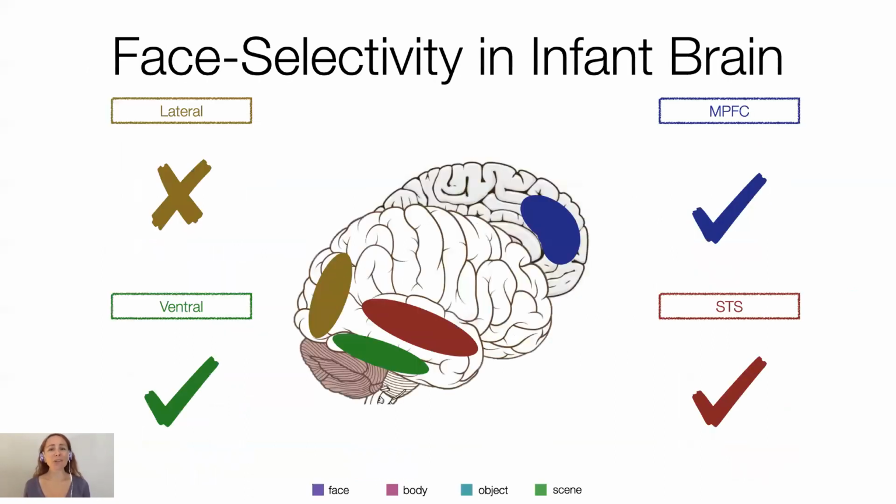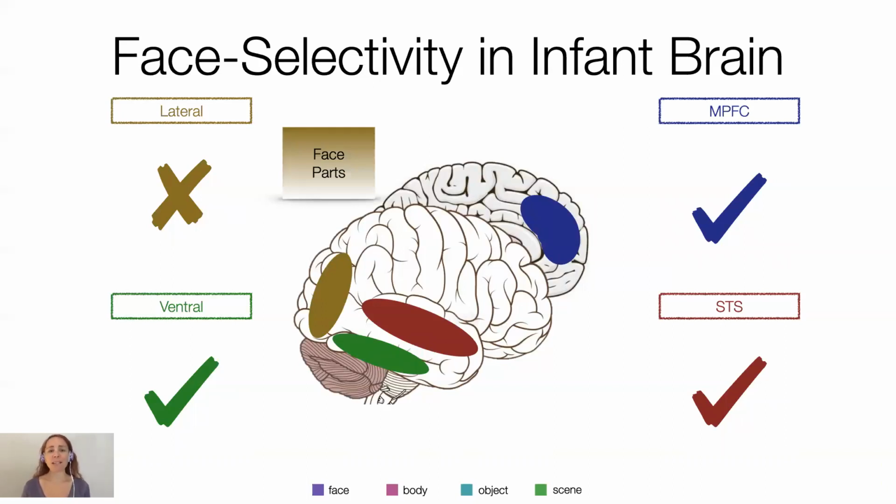All right, so I've told you about infants' face responses in lateral and ventral temporal cortices, STS, and MPFC. But using reverse inference, I also associated infants' neural response to faces to functions we know to be true in the adult brain. Specifically, I said the face response in lateral occipital cortex is perceptual and has been associated with face part perception.